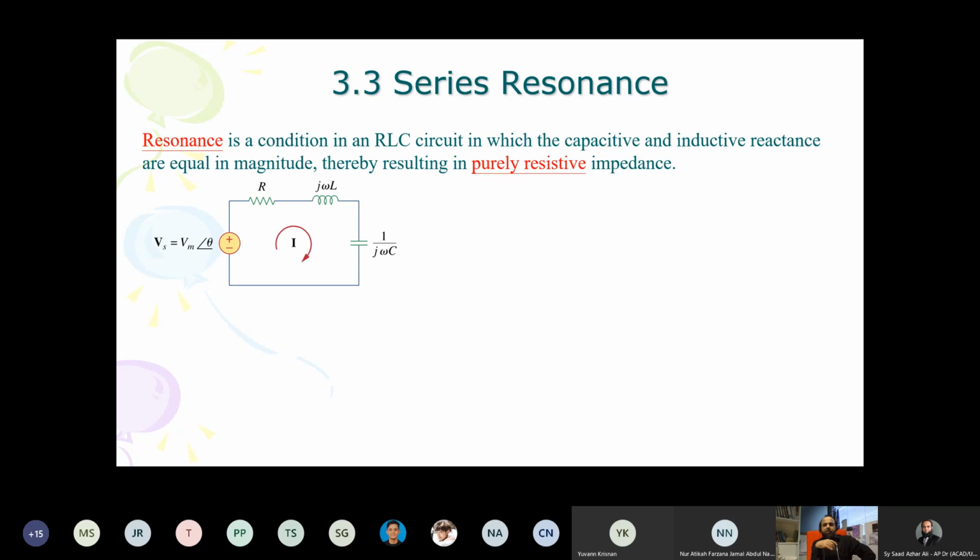All right. If you remember the condition of the maximum power transfer theorem, let me draw it here. This is the system impedance.